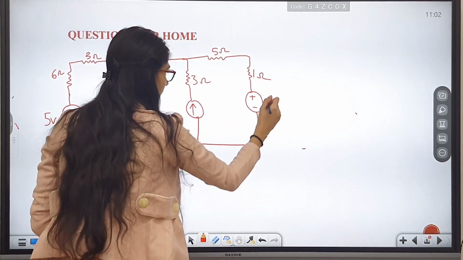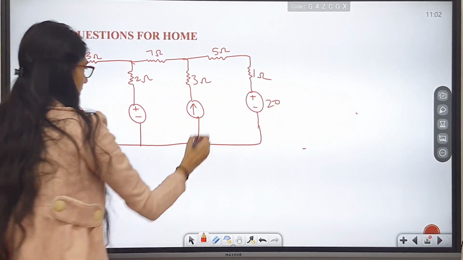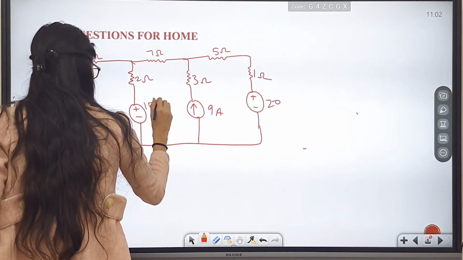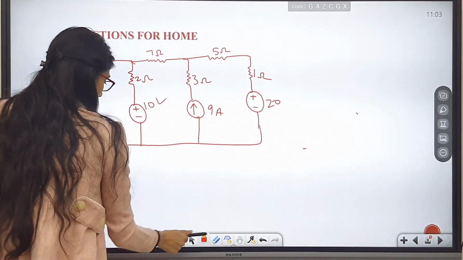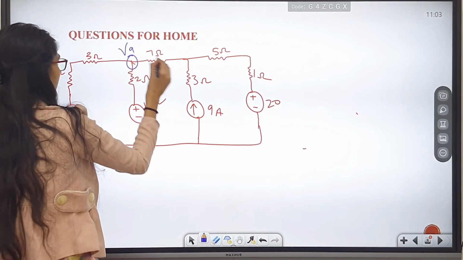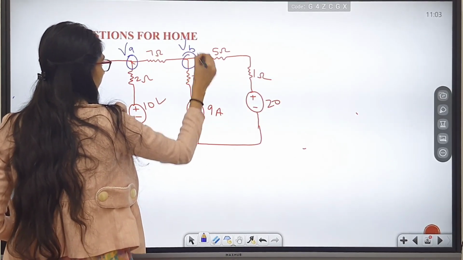It is 20 and this is 9 ampere current and this is 10 volt. And you have to find, say this is VA and say this is VB.